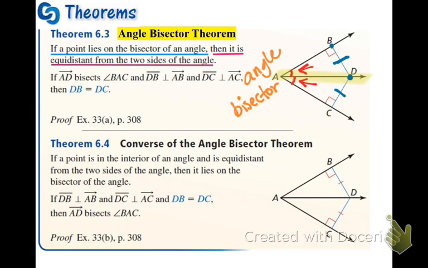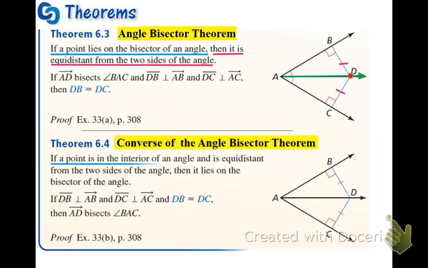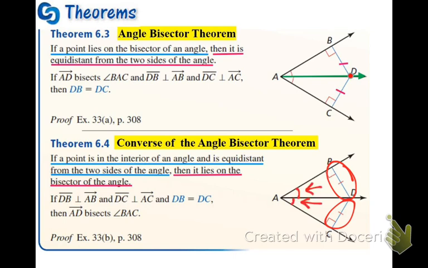The converse is true as well, which is the next fill in the blanks for you. If a point is on the interior of an angle and is equidistant from the sides of the angle, then it lies on the bisector of the angle. So if these are already marked congruent, that means you have an angle bisector, and that means the angles will be congruent.